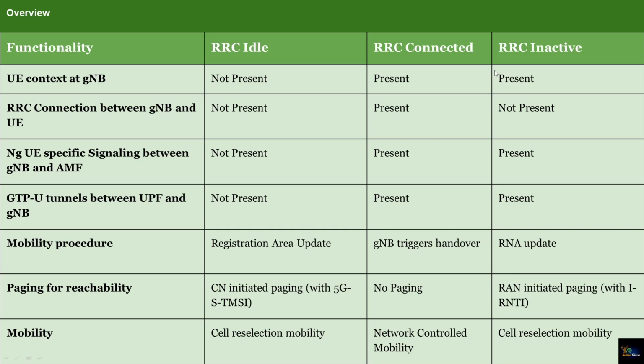Now the overview. Here we can check the functionalities: what is present in idle, what is present in inactive, and what is present in connected. The comparison is mostly between RRC idle and RRC inactive. The UE context at the gNodeB is not present in idle, but present in inactive.